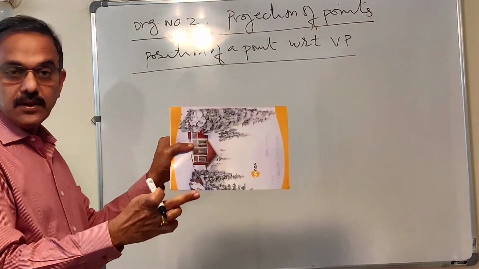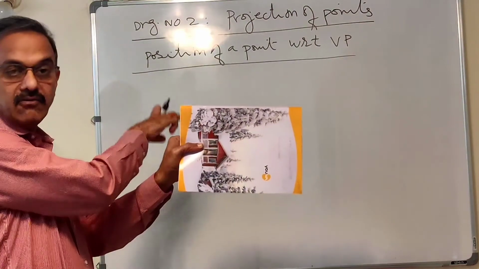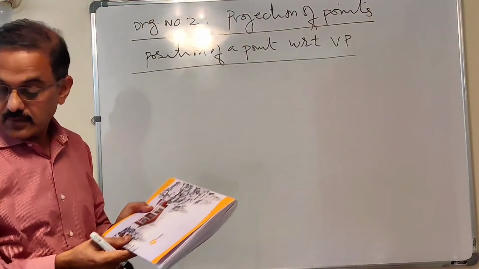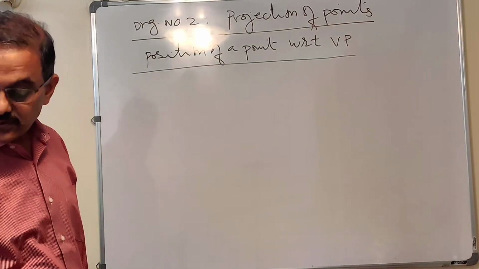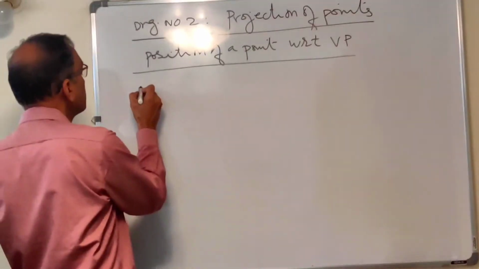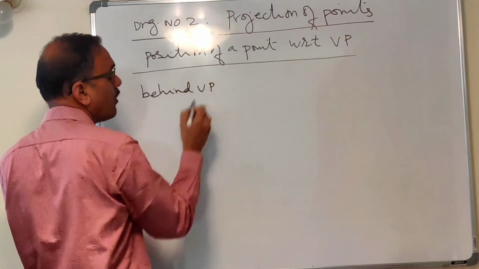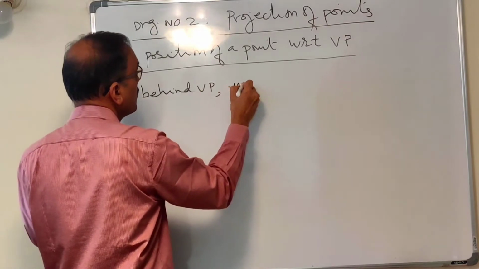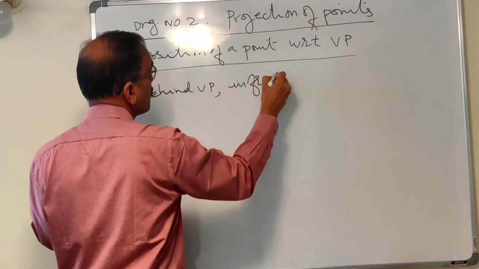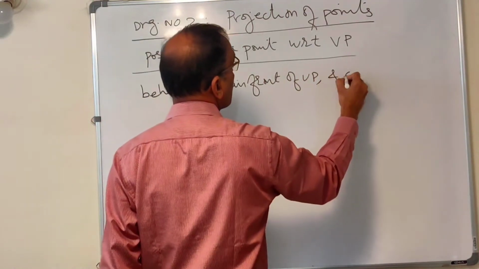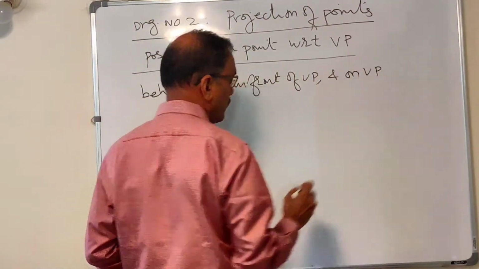In front of VP, behind VP, on VP or in VP. So what are the three terms? Behind VP, behind the wall, in front of VP, in front of the wall, and on VP or in VP.